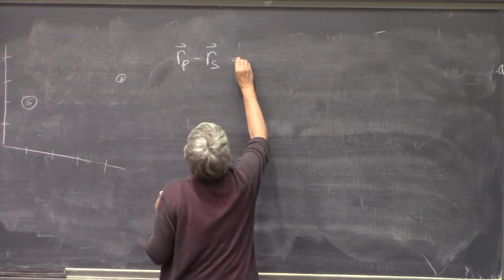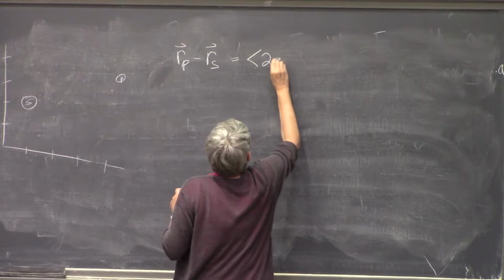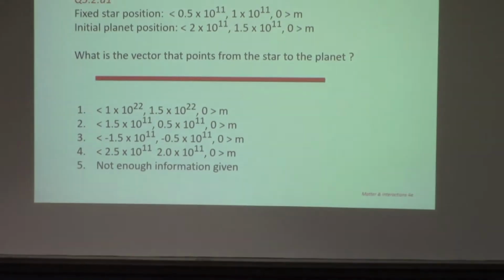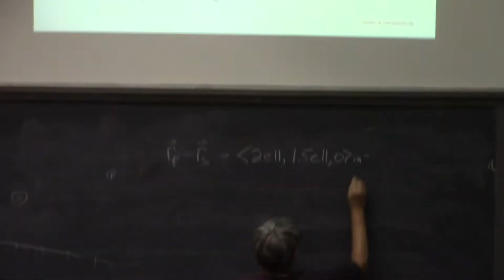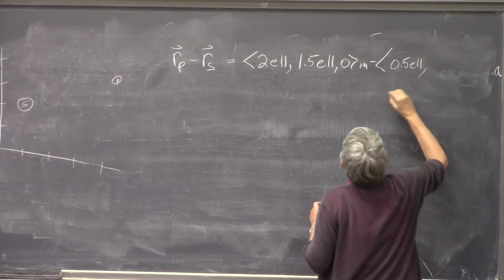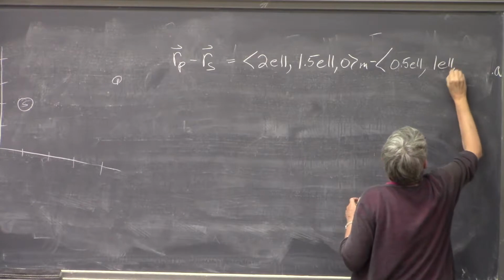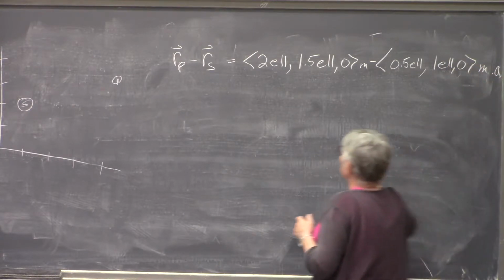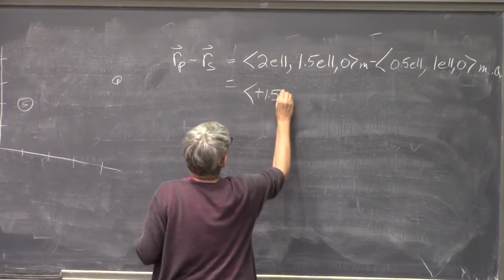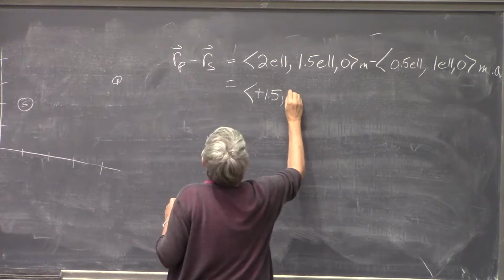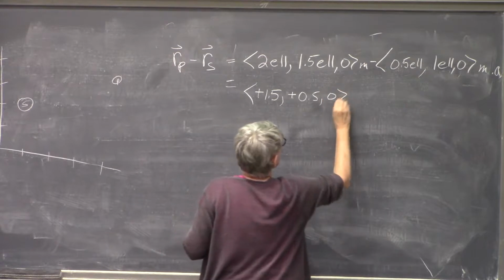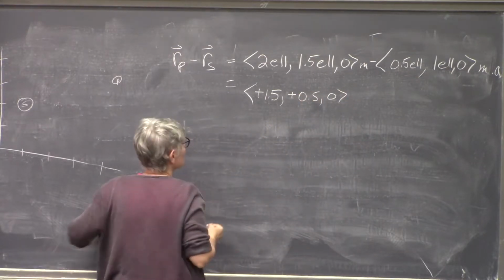So that's going to be 2 times 10 to the 11th, 1.5 times 10 to the 11th, 0 meters, minus 0.5 times 10 to the 11th, 1 times 10 to the 11th, 0 meters, which indeed gives us a plus 1.5, a plus 0.5 times 10 to the 11th.